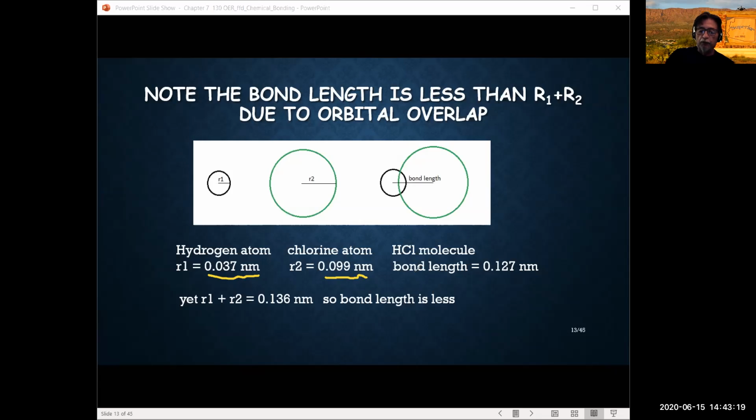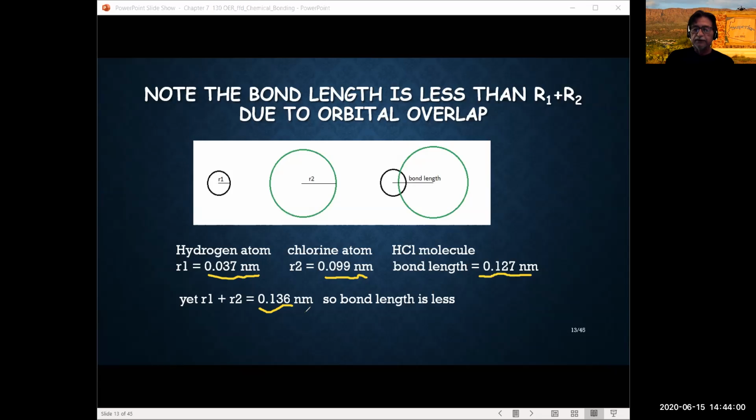When they combine to form hydrochloric acid, HCl, it was thought that the bond length would simply be the sum of the chlorine atom and the hydrogen atom. But what it actually is, is much less. The sum of the radius of the hydrogen and the chlorine atom is 0.136. But in reality, when measurements are done, the distance between the two, when it formed the compound, is 0.127, much less than 0.136.